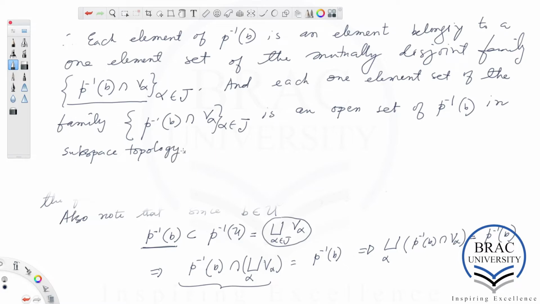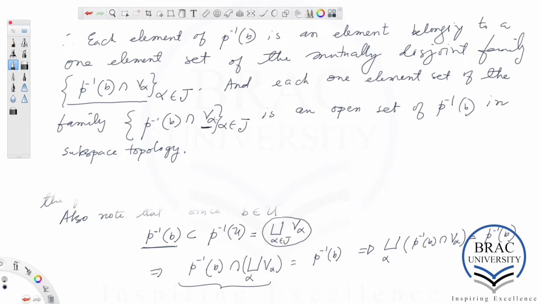Since each V alpha is open in E, and P inverse B considered as a subset of E, for that subset, P inverse B intersected with V alpha is going to be an open subset in P inverse B in subspace topology.